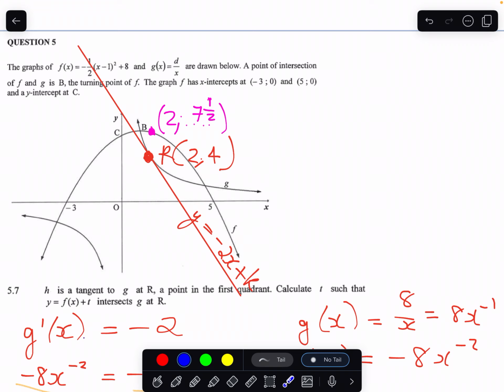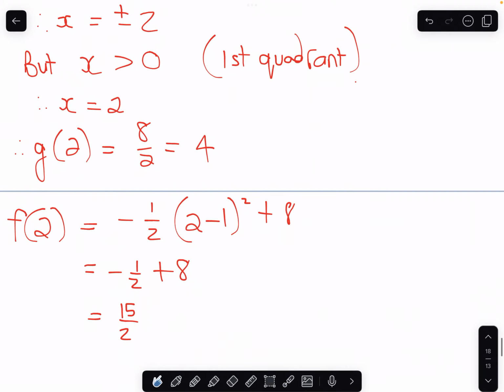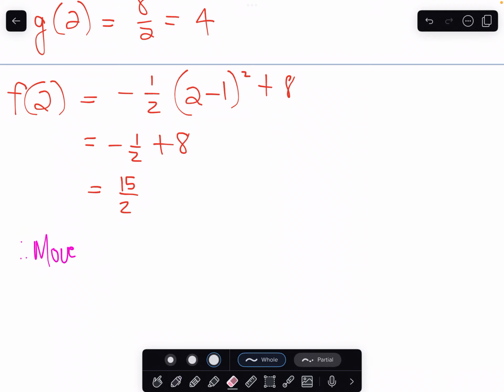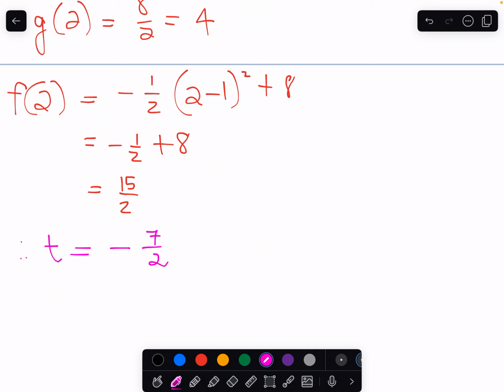And that is what we want: to figure out how much we need to move this parabola by in order for it to intersect the hyperbola at r, and the answer is 3 and a half units. And we're moving it down, so that will be negative 3.5, negative 7 over 2.